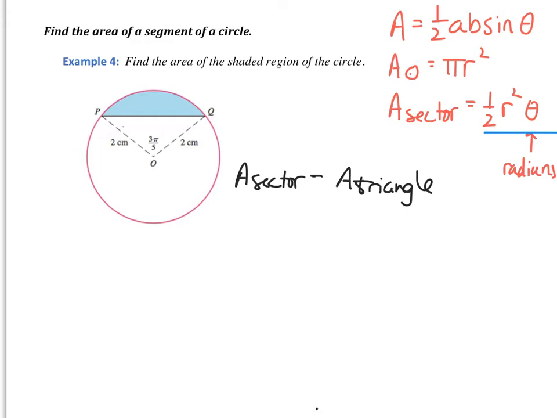Half times 2 squared, which is 4, and then times 3 pi over 5. So 1/2 r squared times 3 pi over 5, and then minus the area of the triangle.